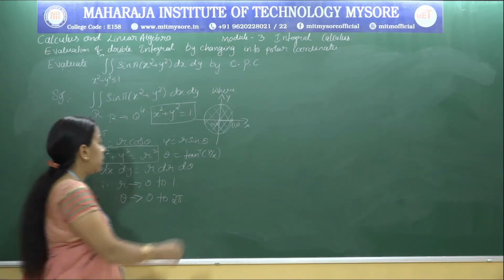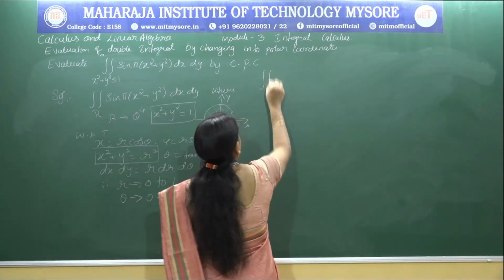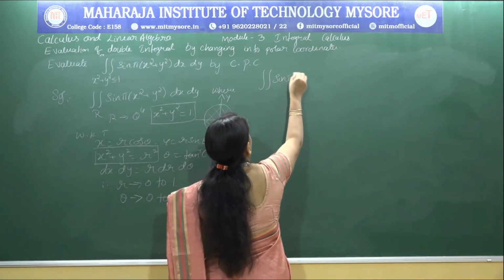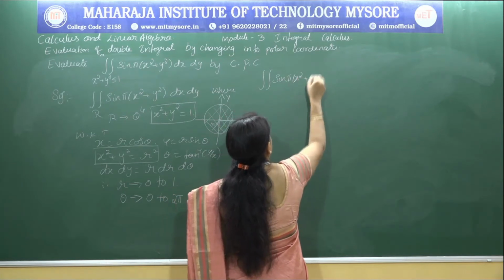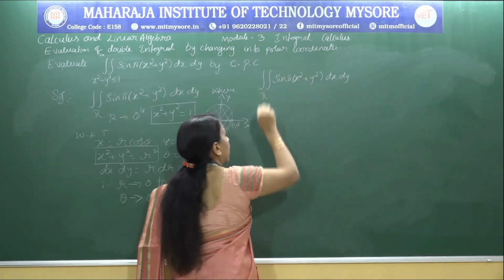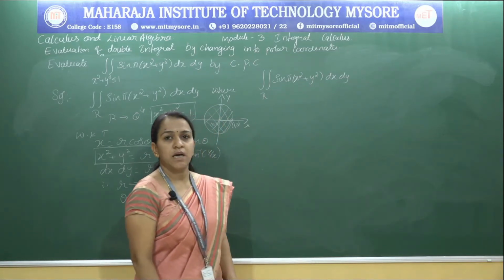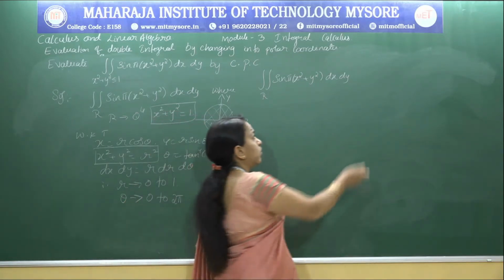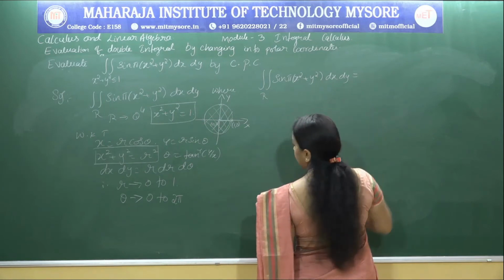So consider the given double integral sin pi of x square plus y square dx dy over the region R. I represent it by R because R is given by x square plus y square equal to 1, of course less than or equal to 1.